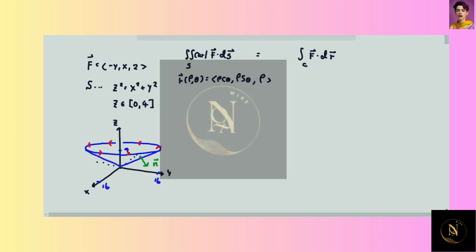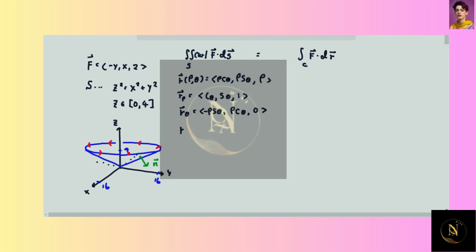All right, so we take the derivative with respect to rho. That will be cosine theta, sine theta, comma 1. The derivative with respect to theta, we will get negative rho sine theta, rho cosine theta, comma 0.